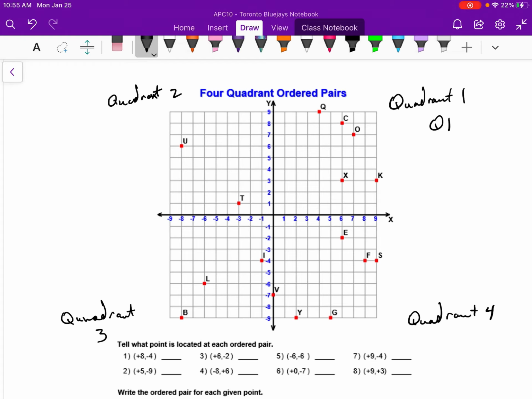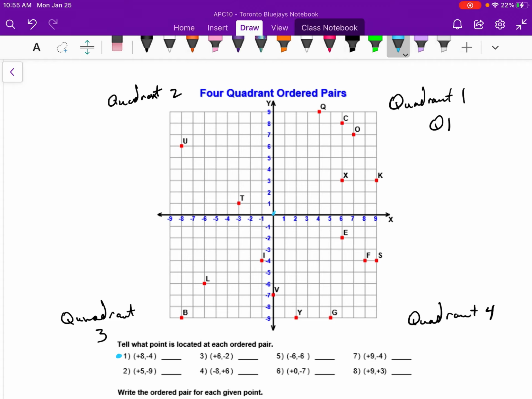So when we're to identify a point, I'm just going to take my blue pen here, I'm going to figure out number 1. Tell what point is located at each coordinate pair. So 8, -4. To get to 8, -4, I start off at the origin.